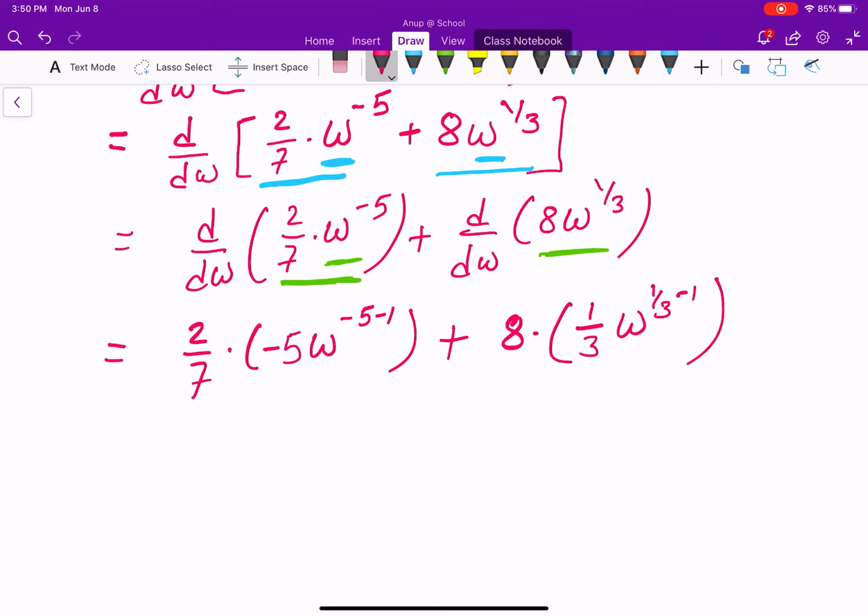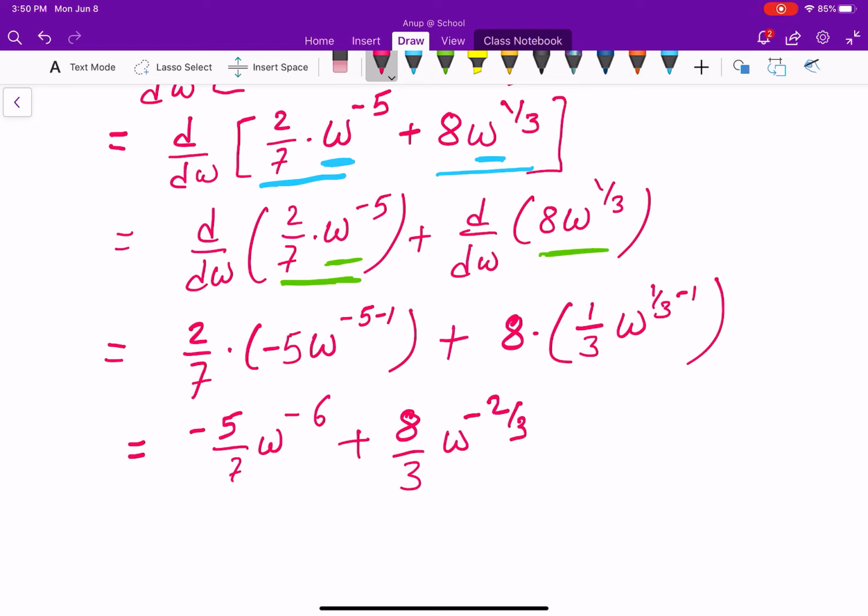All right, so this is the derivative, but if you want to simplify and rewrite, this can be written as negative 5 over 7 times w to the power negative 5 minus 1, which is negative 6, plus 8 over 3 times w to the power 1 over 3 minus 1, which will be negative 2/3.